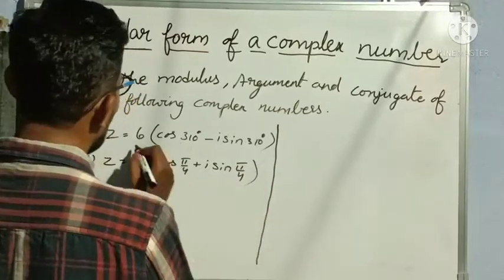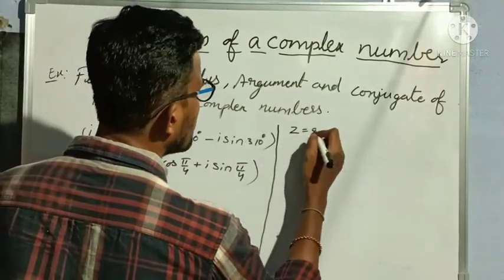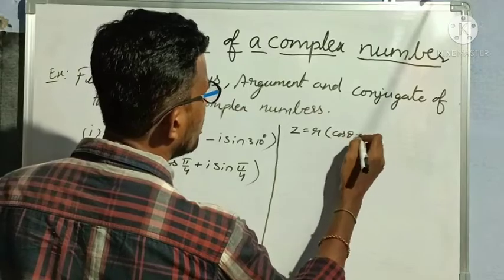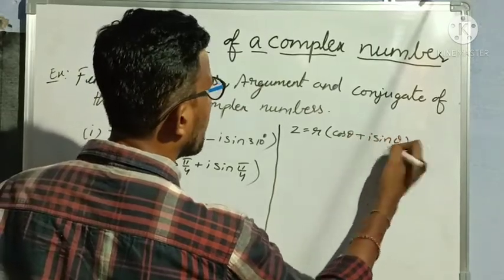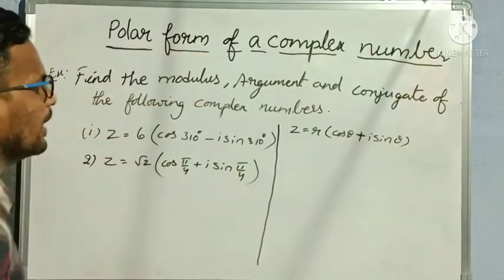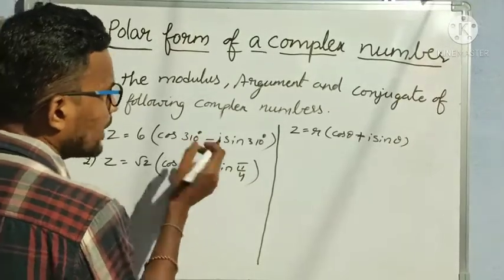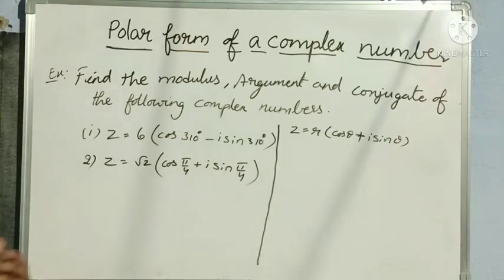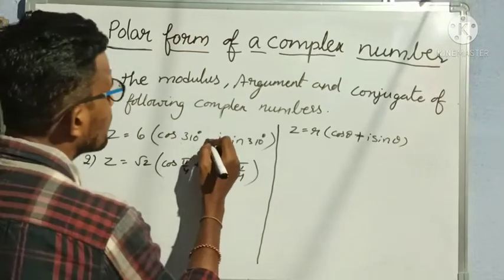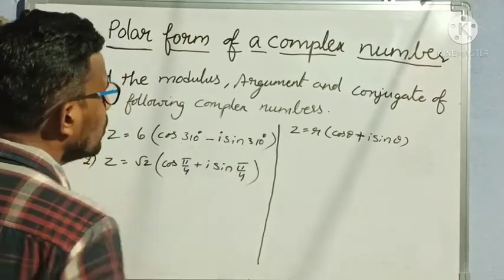So anyhow, when comparing with z is equal to r of cos theta plus i sin theta, then I am getting theta value as 310 degrees, but whether it is plus or minus, how we have to find out? Here it is minus, so we should take definitely minus.